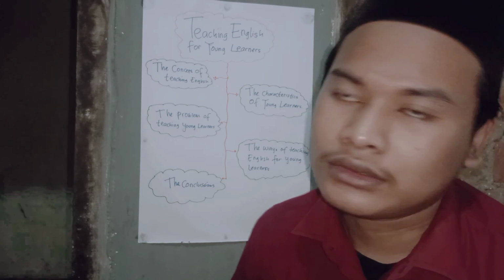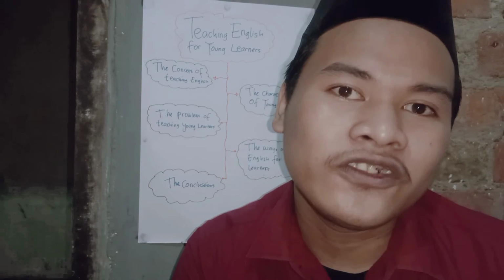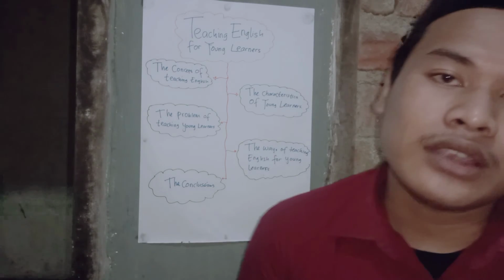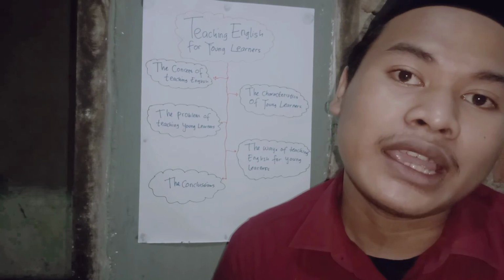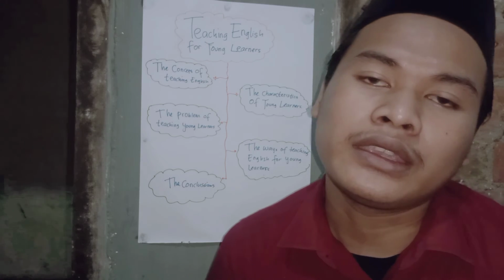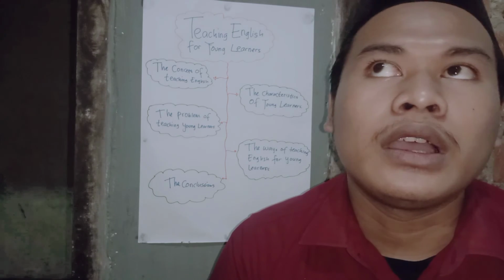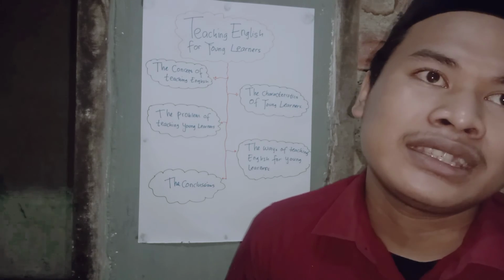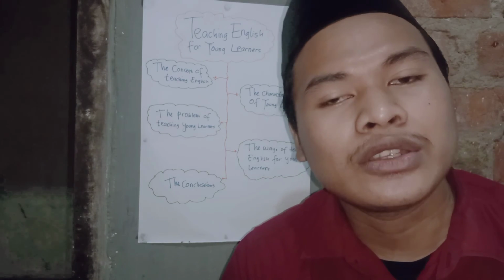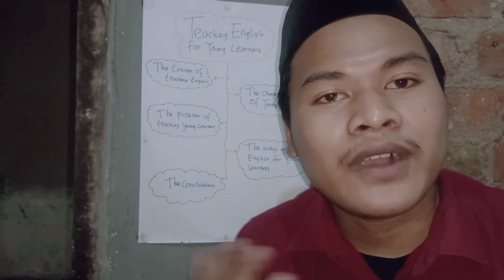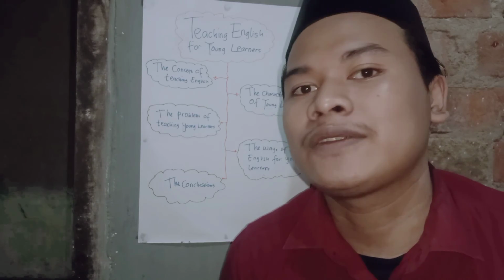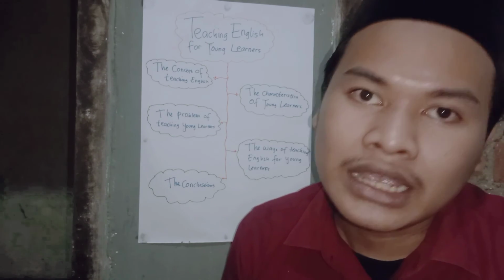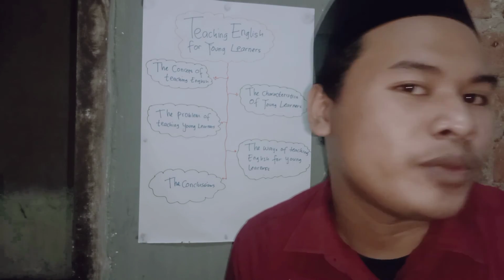And then the problem of teaching English to young learners, and also the ways of teaching English. We have to find what the problem is, why they are so bored, why they are so lazy to learn English, why they cannot understand the materials. After that we have to think about the solutions, how to make them like this, how to make them like that.